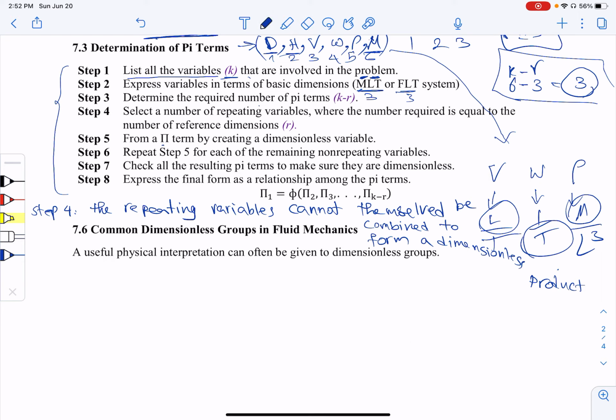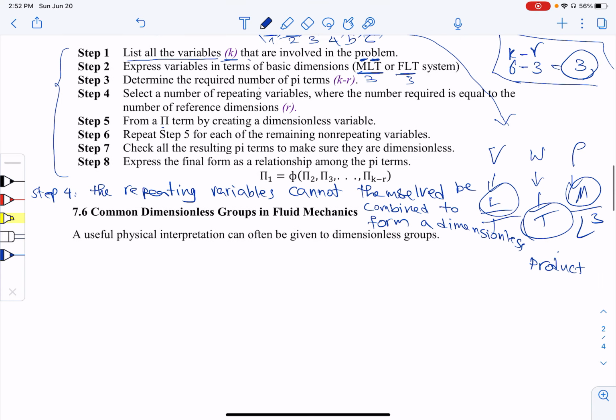And then after we create all of the pi terms, we need to check all of the resulting pi terms that we have and make sure that they are dimensionless, right? This is an important step, because if you don't check it, sometimes you might make a mistake.